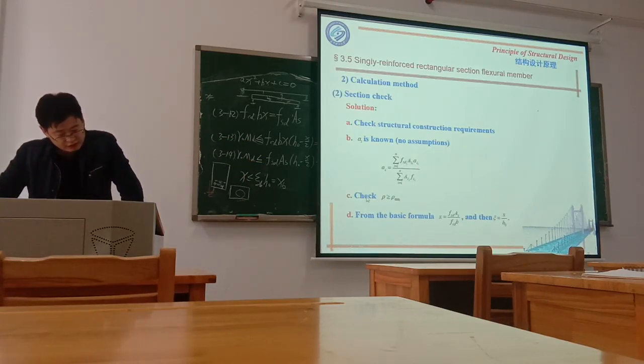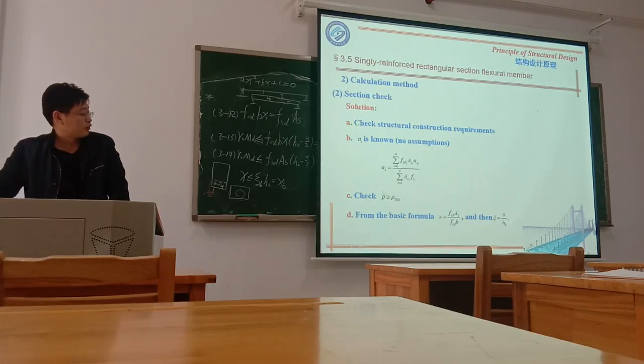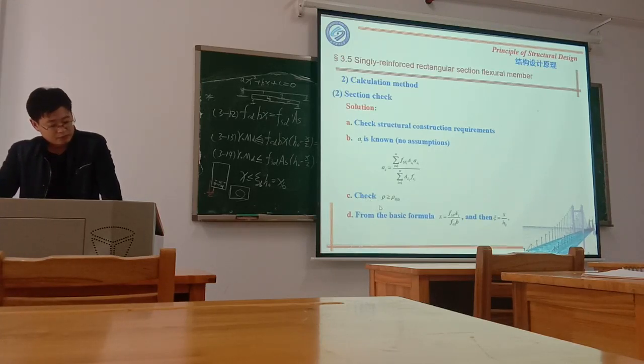And check third, the ratio should be larger than the minimum value. And from the basic formula, we check this: x should be smaller than xb.